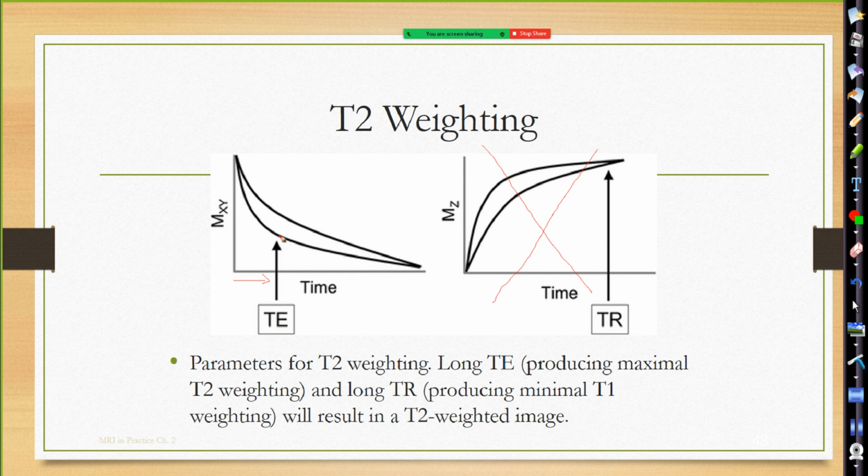And look at how it highlights the difference between these tissues now. So you can see at that specific time, we have two completely different vectors in terms of length and in terms of signal intensity.